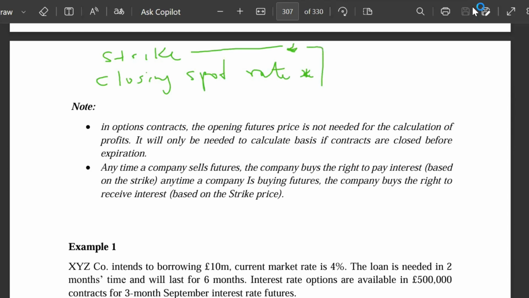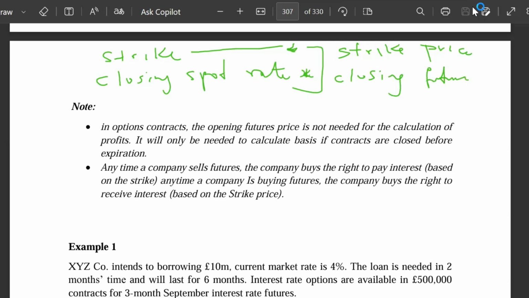For the futures contracts, to determine whether the option should be exercised or not, two things are needed. One, the strike price. We said it is an option to buy futures, and the option contract is dependent on the futures price. So you will be comparing the strike price and the closing futures price.